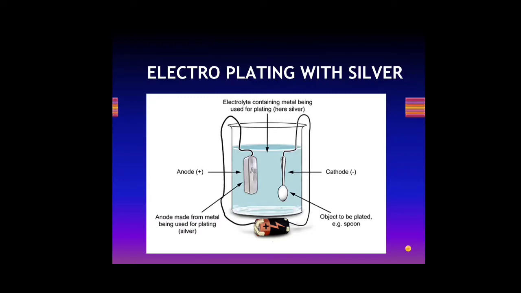When the electrolyte is in ionic state, it will attract the cation that has come from the anode and form the electrolyte again. So the electrolyte remains constant, the anode decreases, and there is a build up on the cathode. In this case, if we have taken the spoon, slowly it will get covered with a layer of pure silver, and thus it will get electroplated.